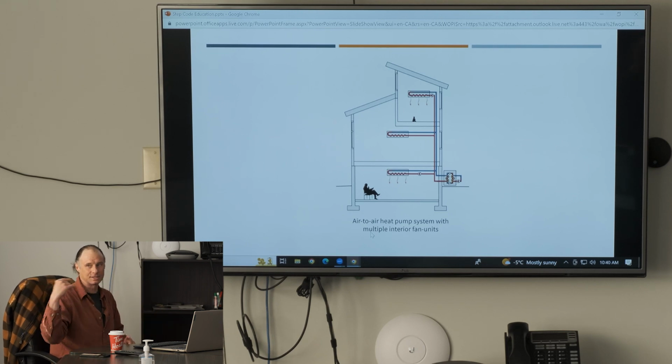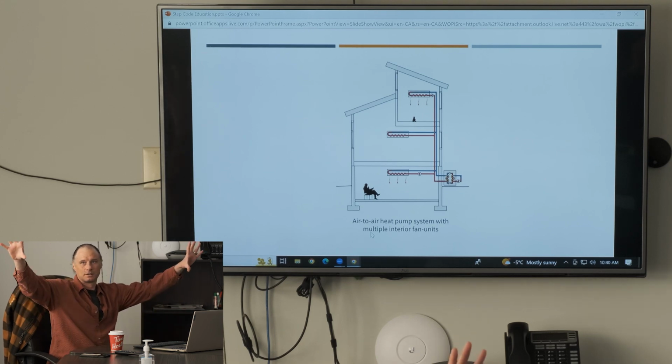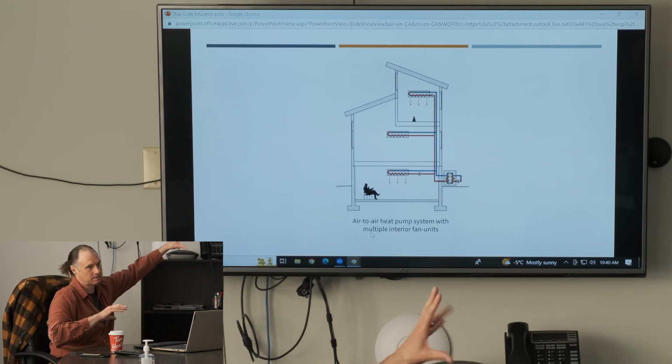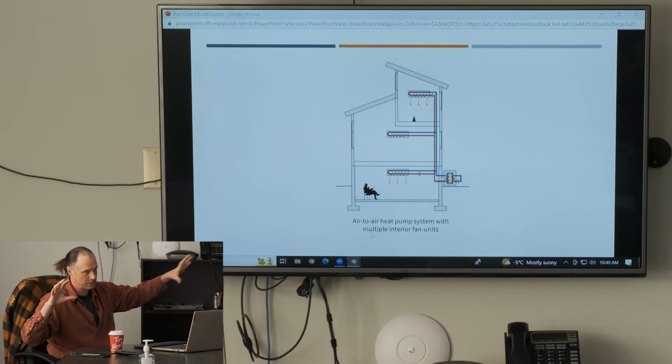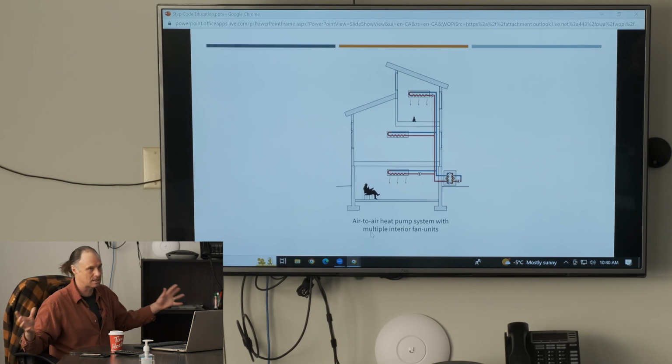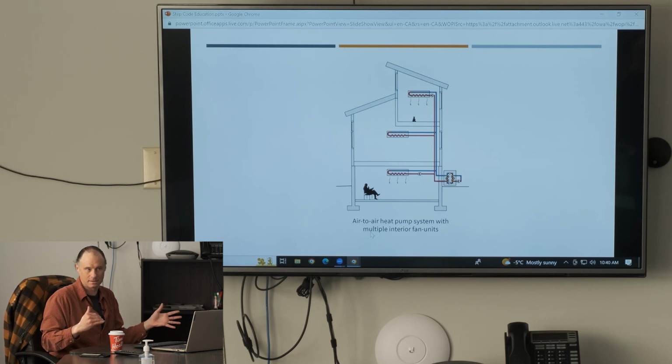It's using the fans to either send it through a ducted system or these individual heating units in the ductless system that are placed in each zone. And if it's sized properly, then it's going to work at its maximum efficiency to heat that air.